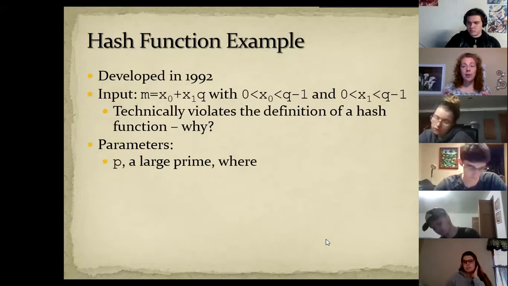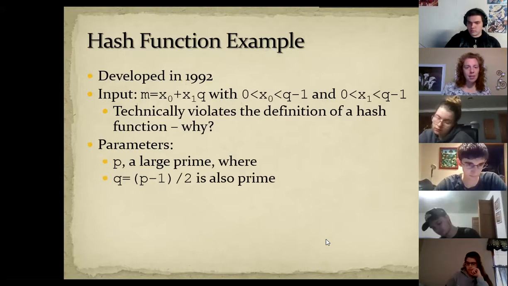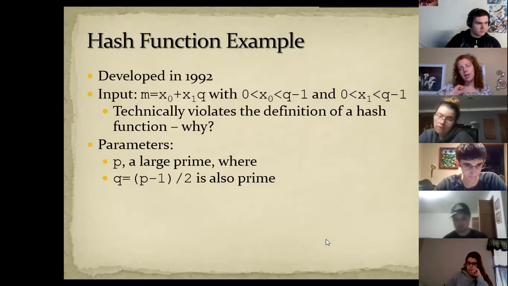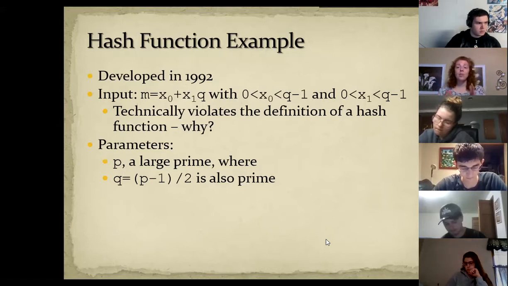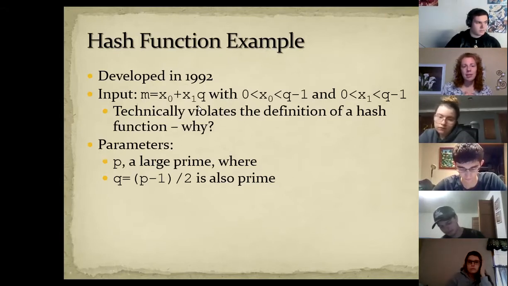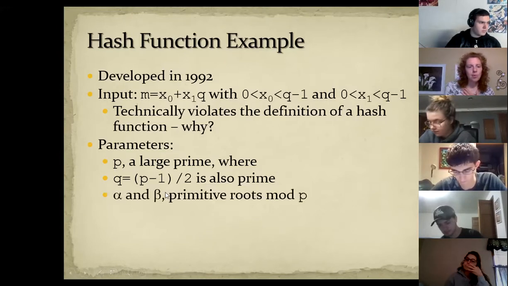Okay, here are your parameters. We need a large prime P, and P must have the property that (P minus 1) over 2 is also prime. That's the q back up in this decomposition of the message. So we need both P and q to be prime.